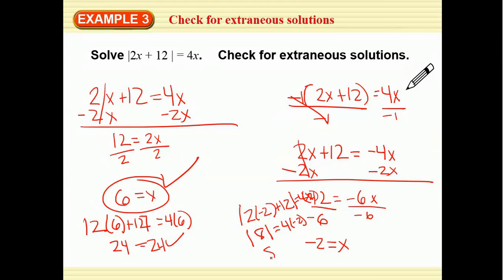All right, that's a positive 8 equals 4 times negative 2, which is negative 8. 8 doesn't equal negative 8. Oh no. We hit an extraneous solution. So I'm going to cross out x equals negative 2 because it doesn't work in the problem. No problem. It wasn't our fault. It was math's fault. Math made us have a wrong solution. So always check your solutions. You never know when you're going to find one that just doesn't work in the problem.